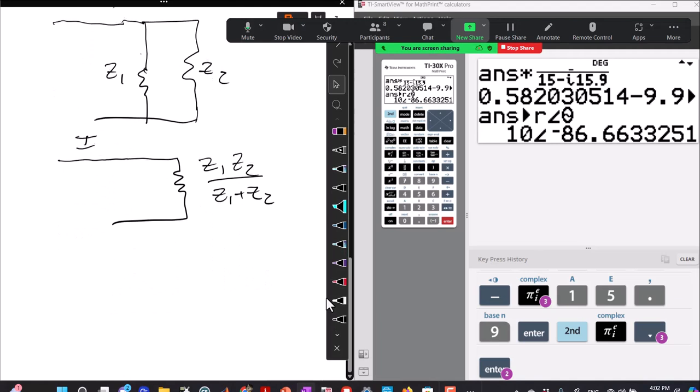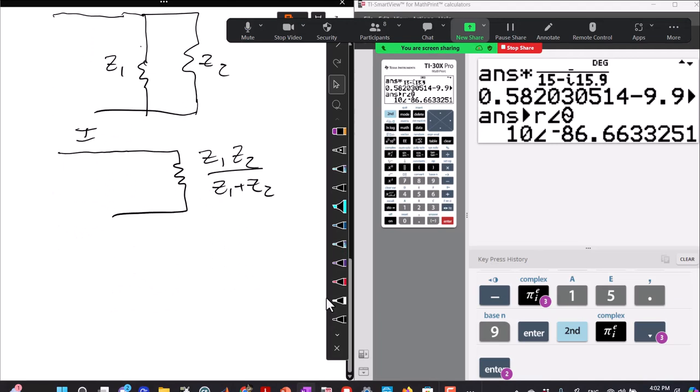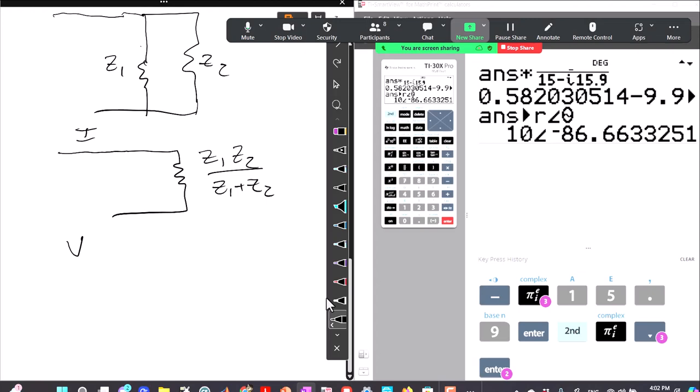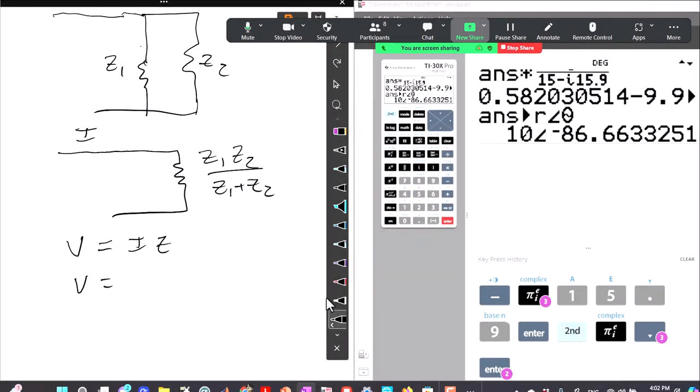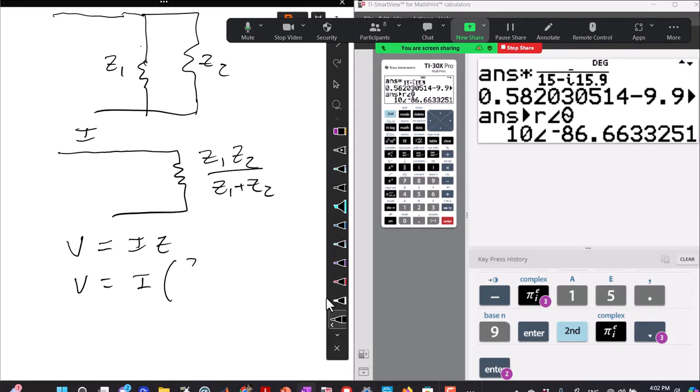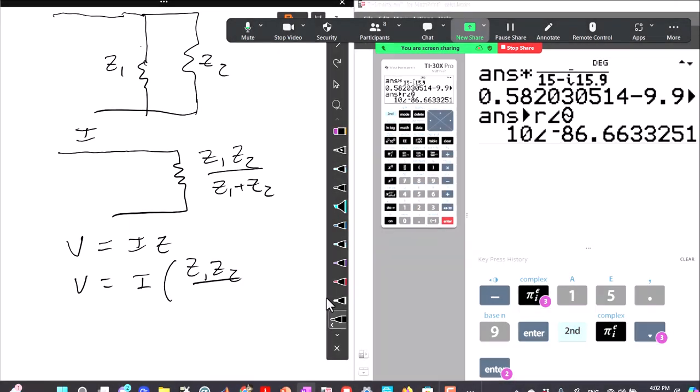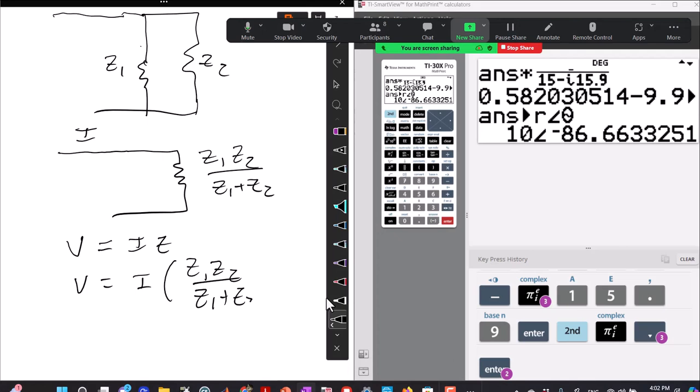So that's my equivalent impedance. Well, from that, I can get the voltage, because Ohm's law tells me V equals IZ, or V equals I times, in this case, Z1 Z2 over Z1 plus Z2.